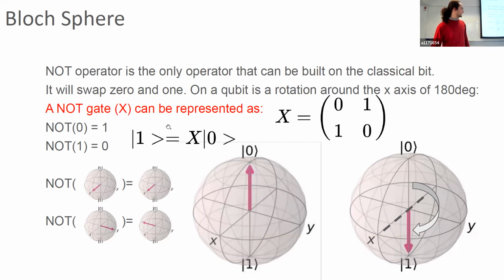In SU2, you can represent the NOT operator with this unitary matrix, and it's easy enough to check that when you multiply the qubit with this matrix, it turns the 0 into a 1, and it turns the 1 into a 0.